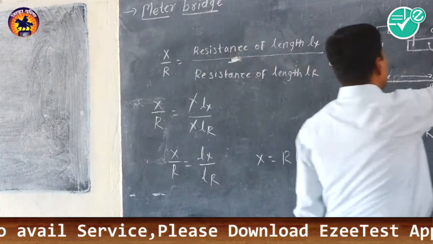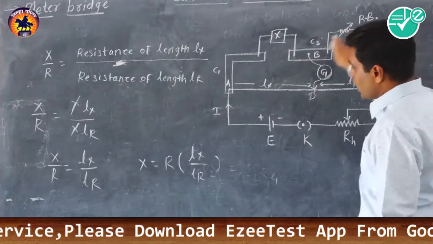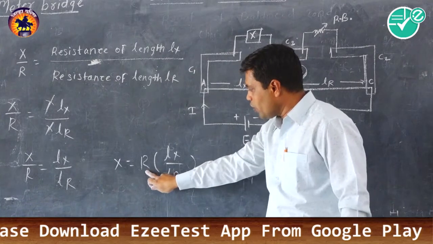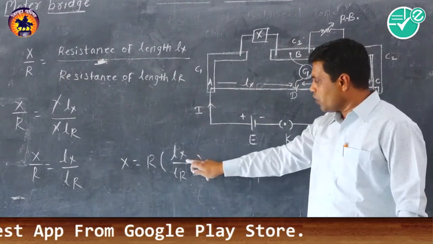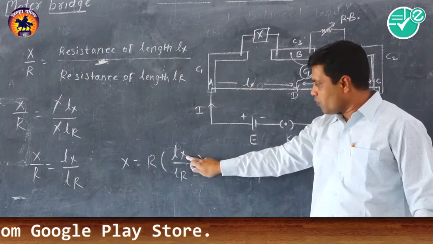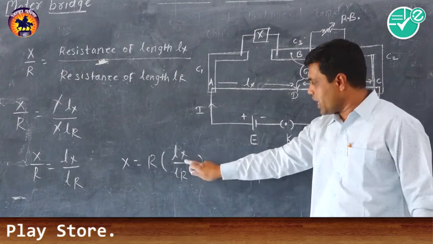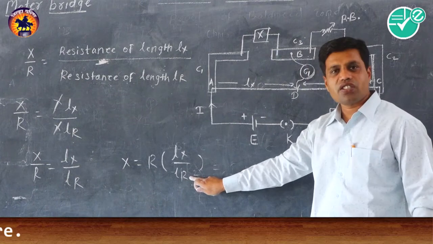Suppose from the resistance box you have withdrawn a resistance of 20 ohm, and suppose Lx upon Lr is for example 40 by 60. Suppose Lx is 40 and Lr is 60.